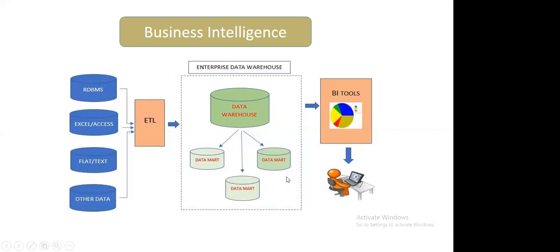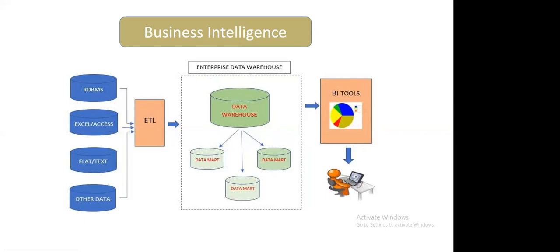Once that is done, into the BI tools we get the required data from the data warehouse, or basically some data marts, and that data is subjected to analysis in BI tools and converted to visualizations which make sense to the business end.